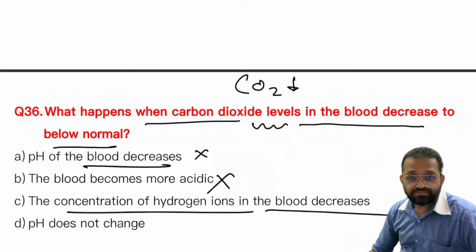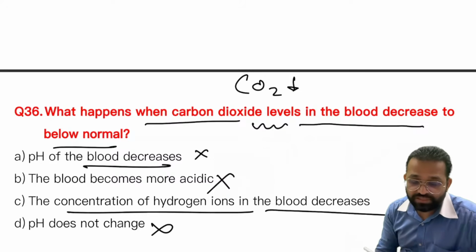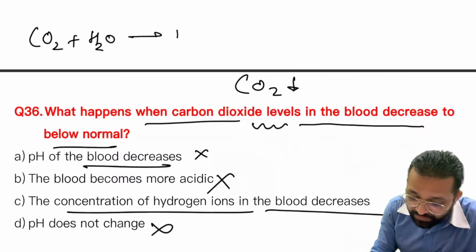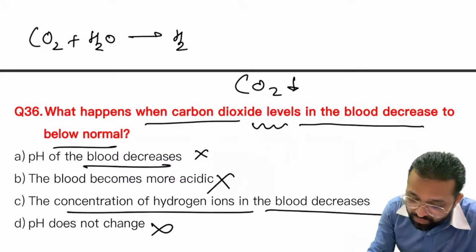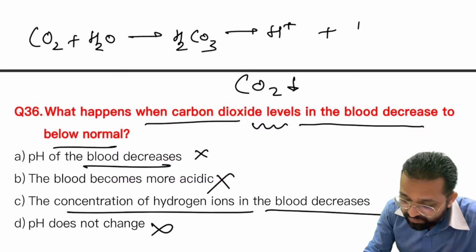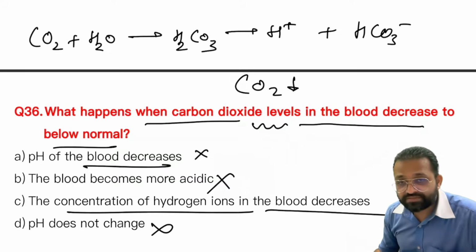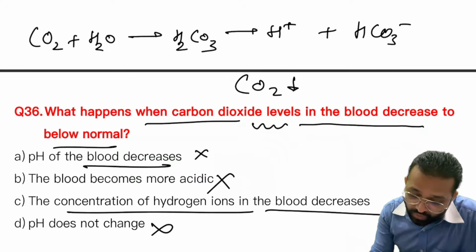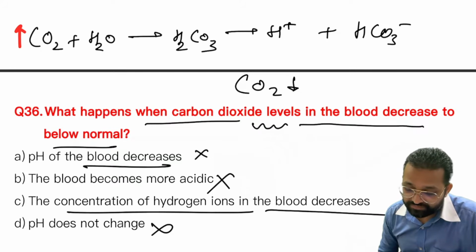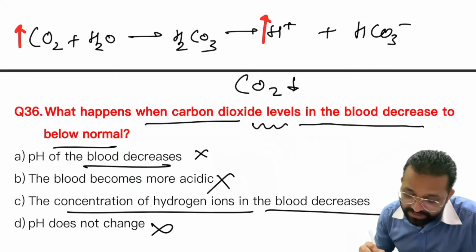Yes, pH does not change. No, pH will change. Again, sir, CO2 plus H2O will make H2CO3 and then it makes H plus and HCO3 minus. So when the level of carbon dioxide is increased, the H plus is increased.